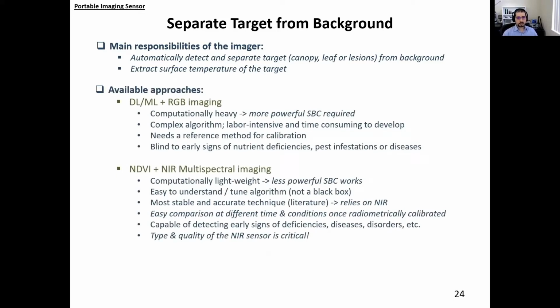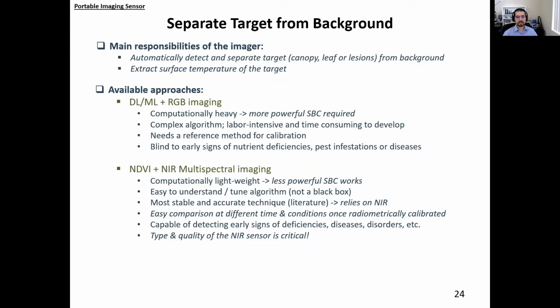The main available approaches, or a known method, is combining RGB imaging with methods that rely on deep learning and machine learning, and this is apparently very popular. But the problem with this method is that it's computationally heavy, meaning that more powerful single board computers are required.